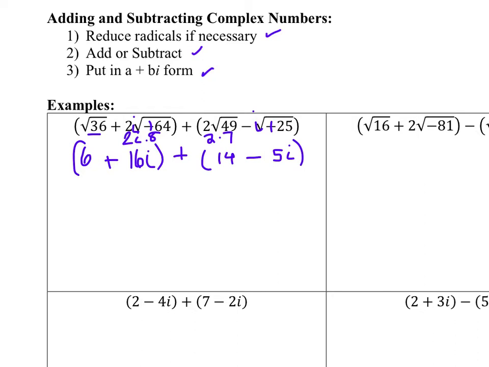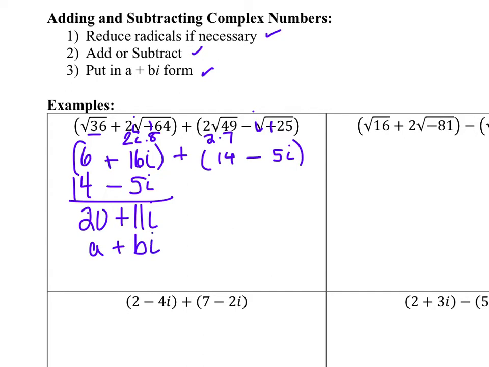You can line them up like I like to do when I am doing any polynomial function. So I'll just line these up, and we wind up getting 20 plus 11i. Okay, this is already in a plus bi form. So we're good.